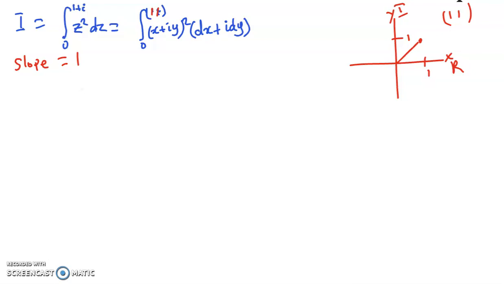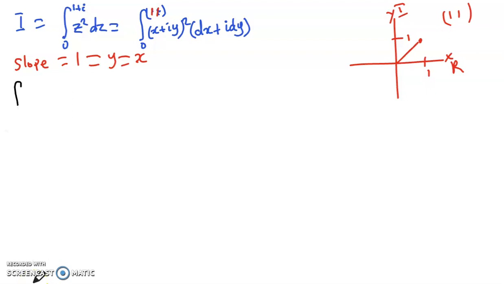And if the slope is 1, then y is equal to x, because we can see that even the x value is 1. So now we can go ahead to see what happens.